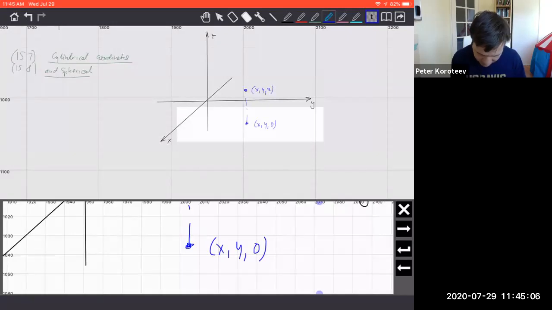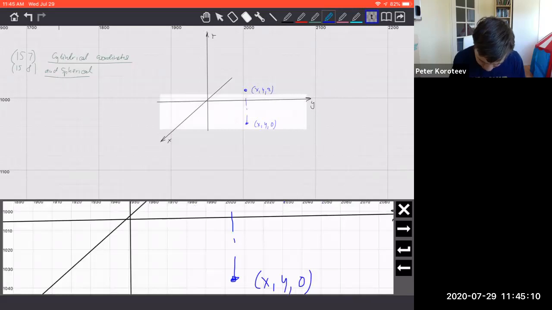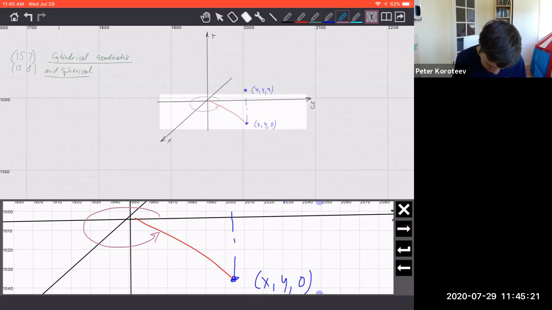And then you treat this point using polar coordinates in the xy plane. So you would have a polar angle theta.